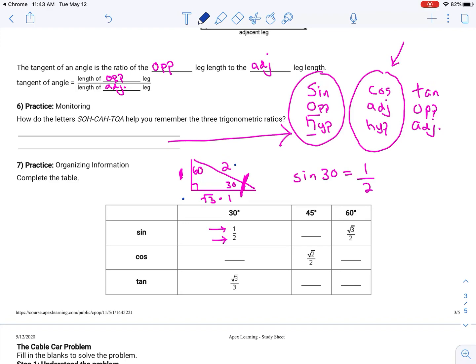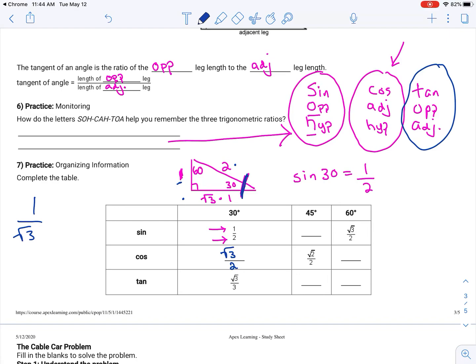But 2 is already the hypotenuse, so the square root of 3 has to be the adjacent, and the hypotenuse is 2. Okay, and then the tangent of 30 is done for you. So tangent is opposite over adjacent. So what's opposite my 30-degree angle? What's across from it? 1 over the adjacent, which we determined is the square root of 3.